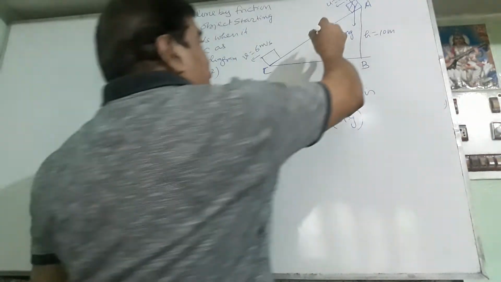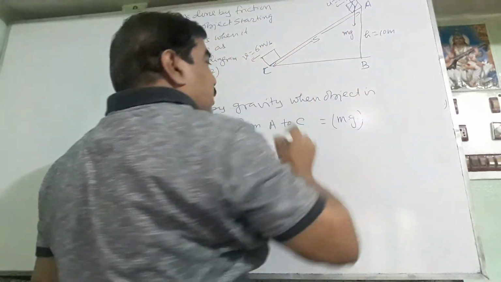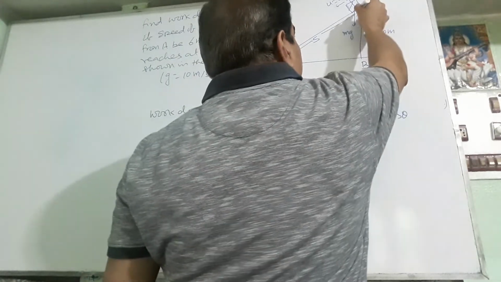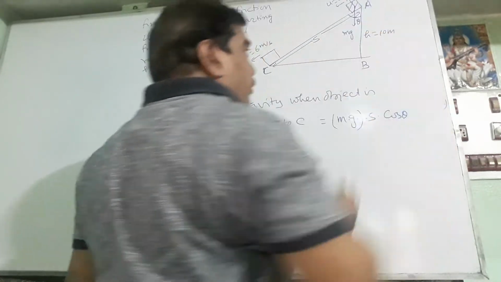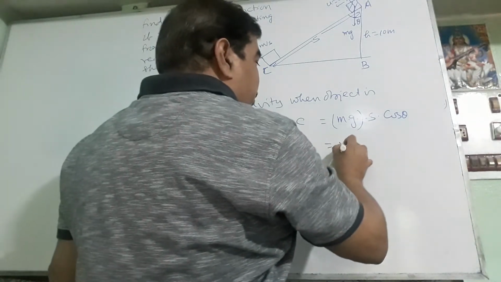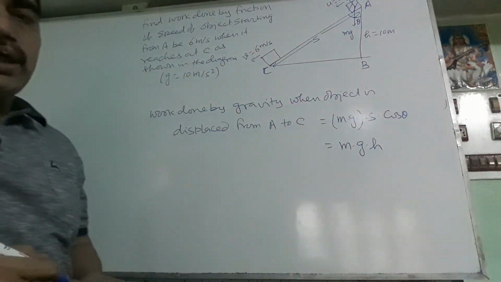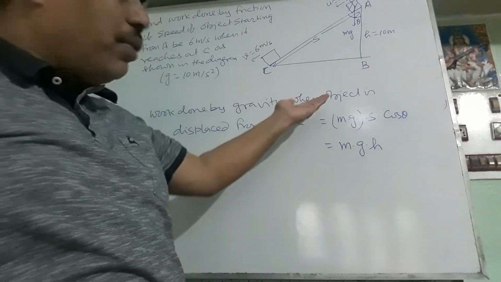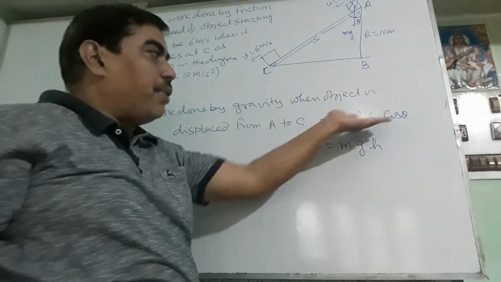If you apply F s cos theta, that is mg s cos theta, where theta is the angle between the force and the displacement s, then cos theta will be h over s. Or it will be simply mgh. So directly, the work done by gravity is mgh.